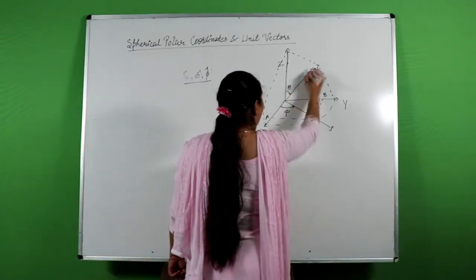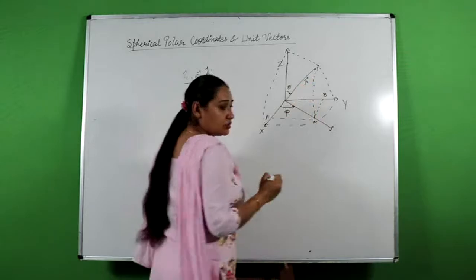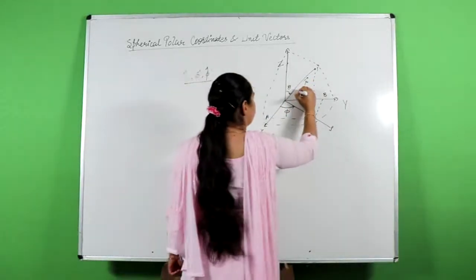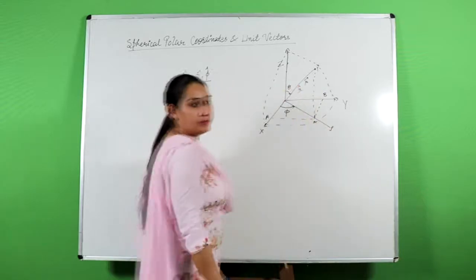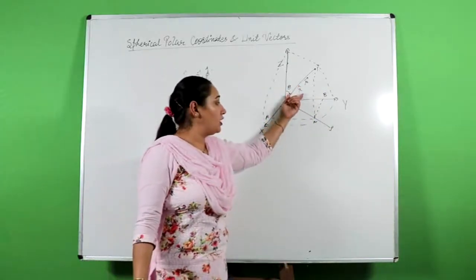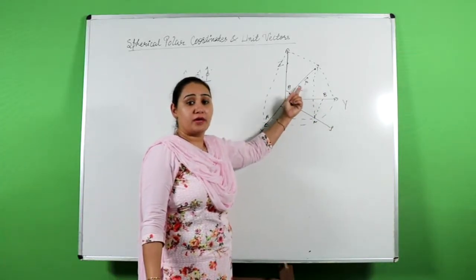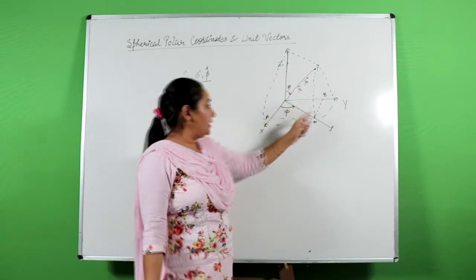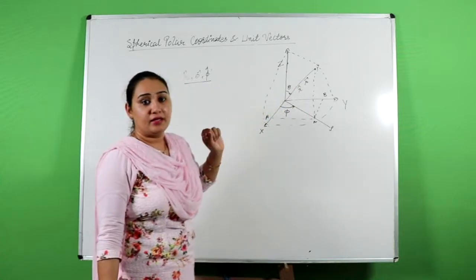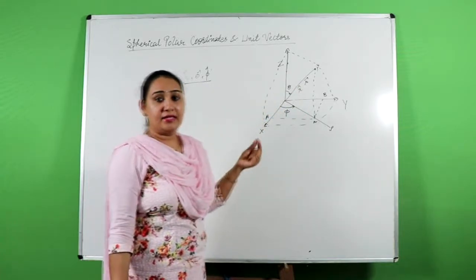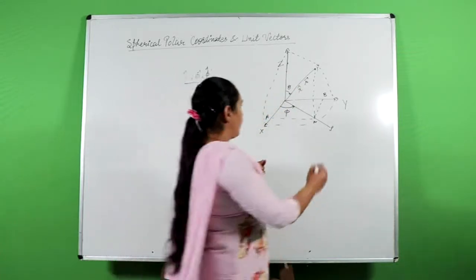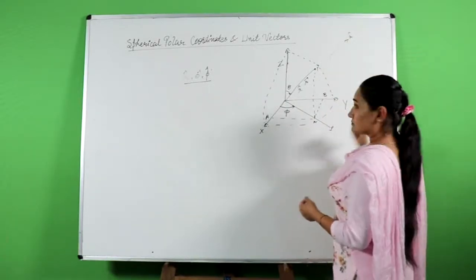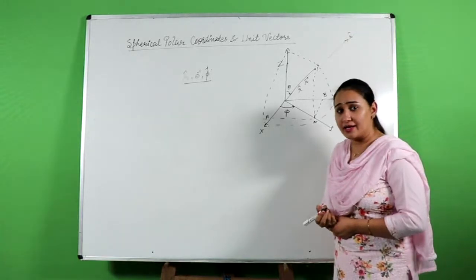Now corresponding to this r vector, I will have a unit vector r cap. The unit vector is along the direction in which the position vector increases, and similarly theta cap is in the direction in which theta increases. Say r is increasing in this direction, so r cap is in this direction.